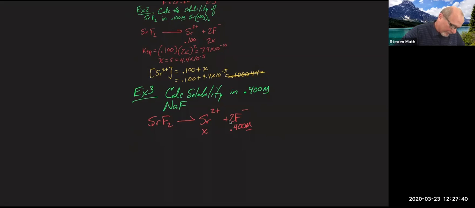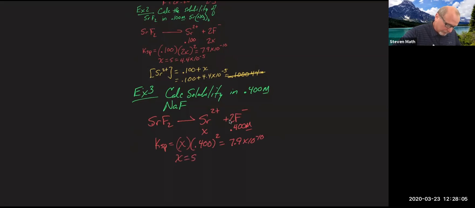So we have Ksp is equal to X times 0.4. Now we do have to square it. That's an equilibrium square. And now we have 7.9 times 10 to the minus 10th.